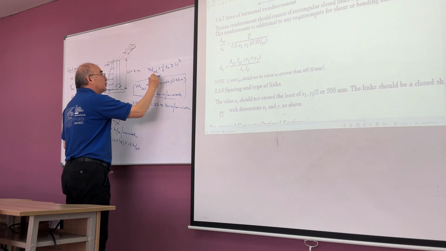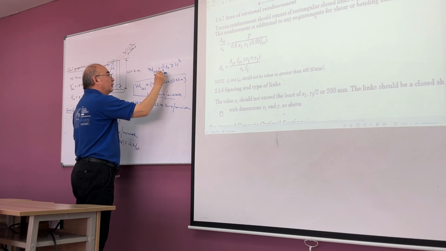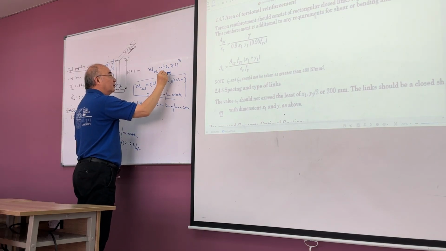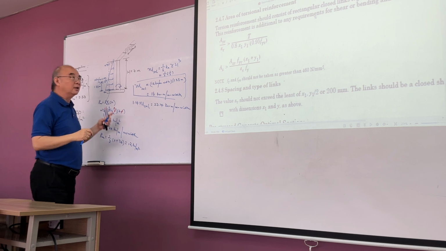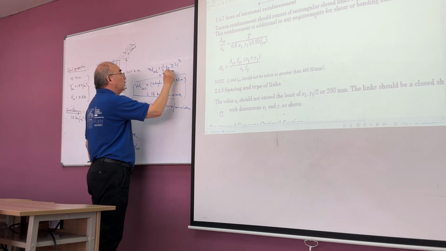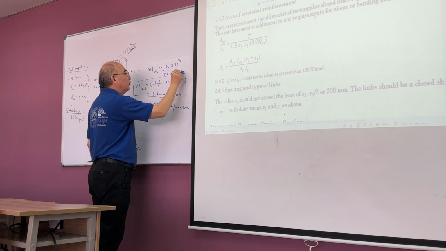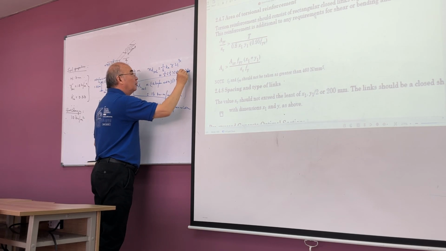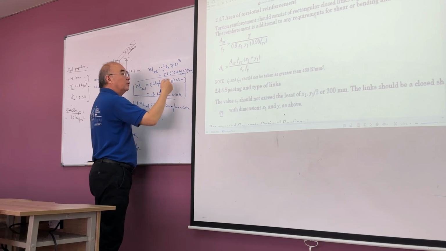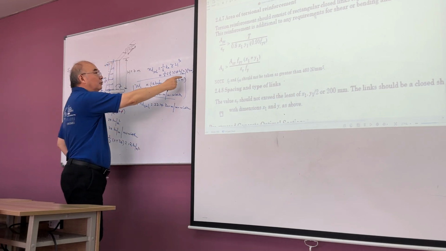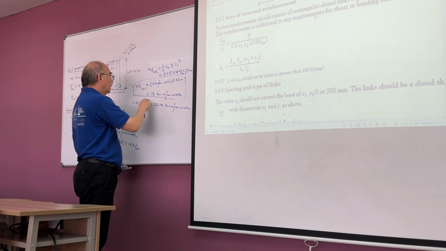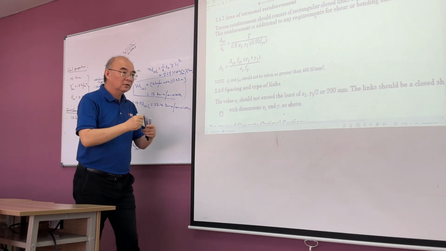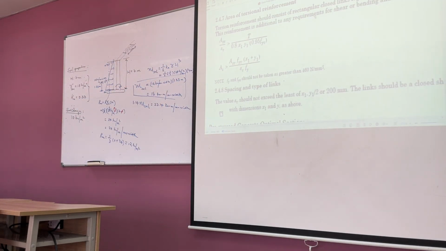You see, this is 1/6. Ka is 1/3, 0.33, and gamma is 18 kilonewton per meter cube. And then H is 4 meter, cubed. So you can punch in the numbers and see whether you get 16 or not. Use the calculator.